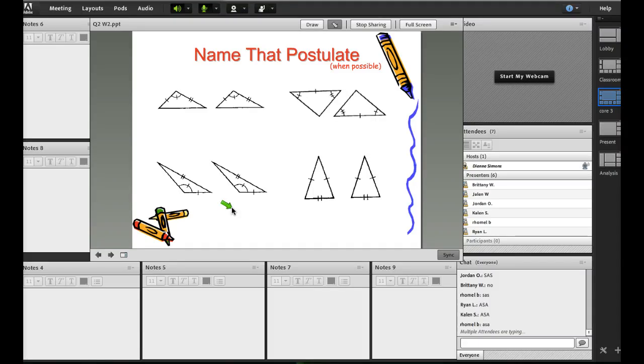You can do it. What is it? This one down here? It's side, side, angle. SSA's one? I said it wasn't. No. Let me go back.